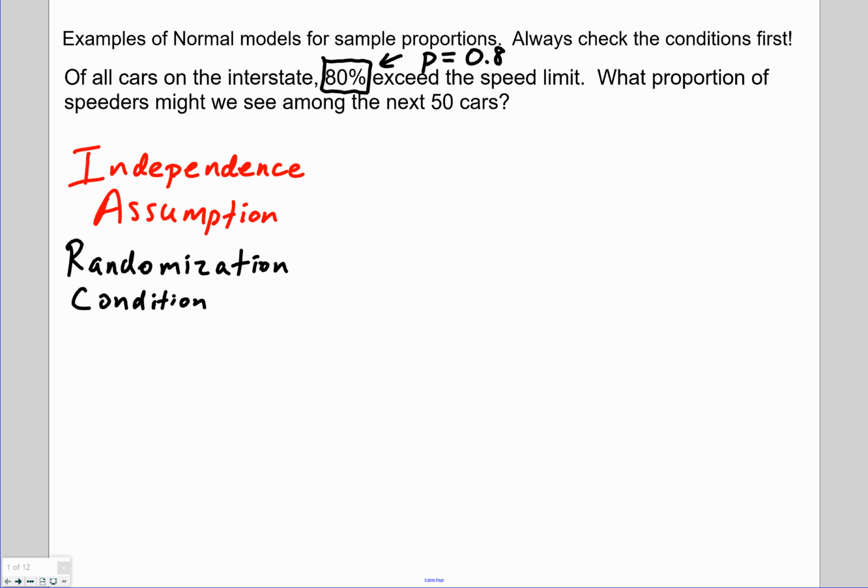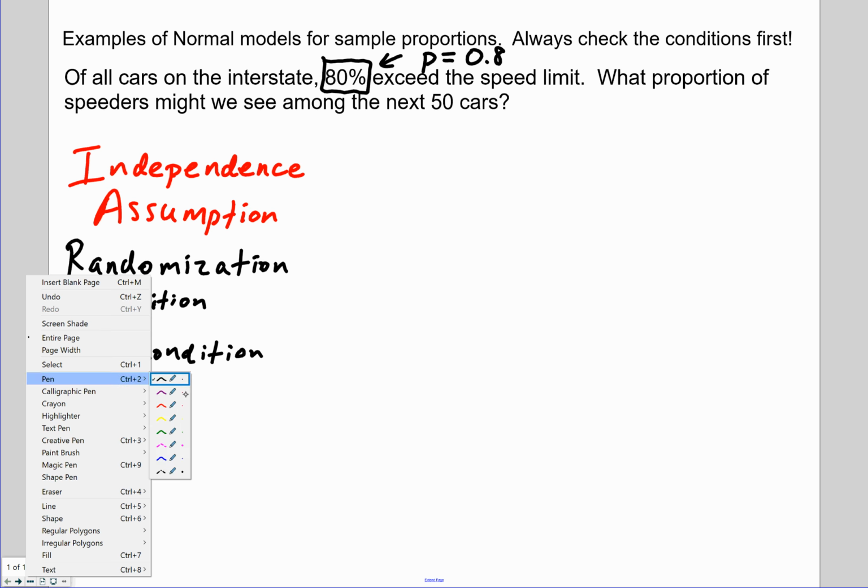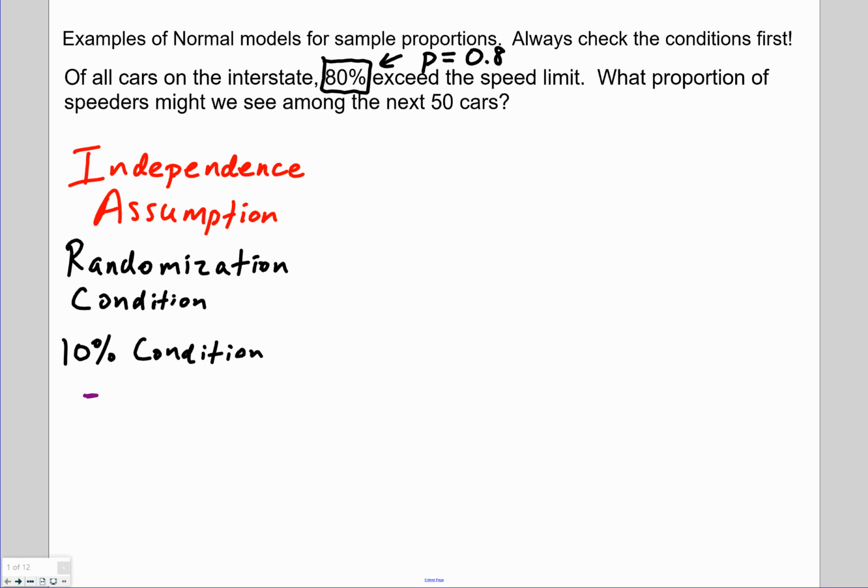The other condition, the 10% condition. Now this one we can actually do a little bit of math. What is our sample size? 50, right? They're going to sample 50 cars. That's not a negative sign, that's like a dash, like a bullet point.